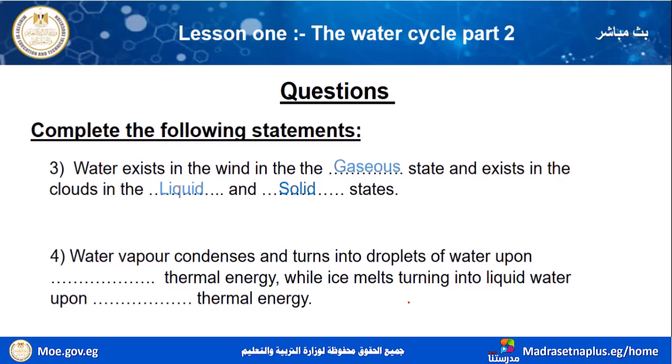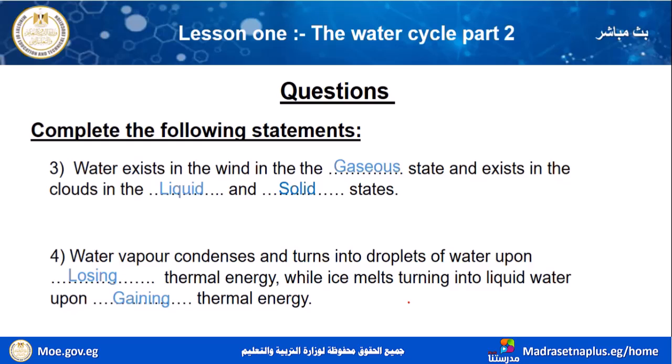Question number four. Water vapor condenses and turns into droplets of water upon losing thermal energy, while ice melts, turning into liquid water upon gaining thermal energy. We said when water loses thermal energy, it will condense, and it means changing from water vapor, or gaseous state, into water, or liquid state, while ice melts and turns into liquid water upon gaining thermal energy.